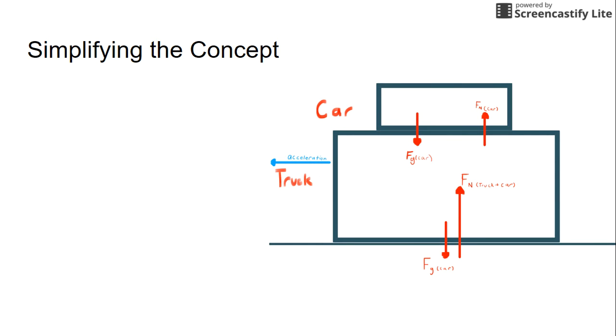This eventually shows when the truck starts to move, there's a change in velocity, which is acceleration, and that acceleration is towards the left, which is where the truck is moving towards. While the truck is accelerating to the left, relative to the truck, the car seems to accelerate to the right.